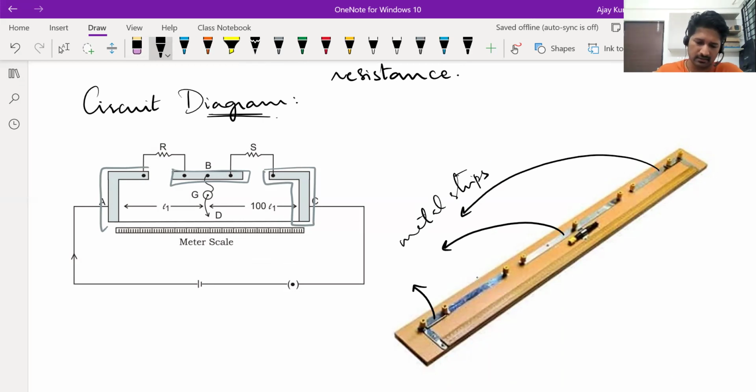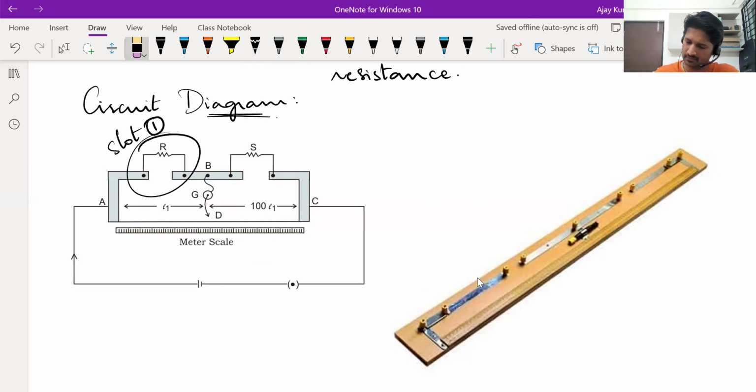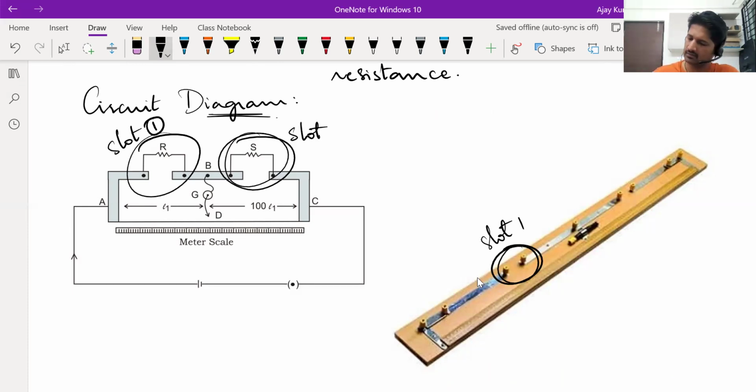And there are two slots available between those metal strips. One is here, you can call it slot 1. In the diagram on the right side, this is slot 1. In the photo on the right side, that is slot 1. And then this one is the second slot. In the actual instrument, it is here.